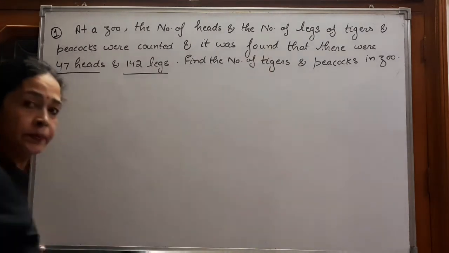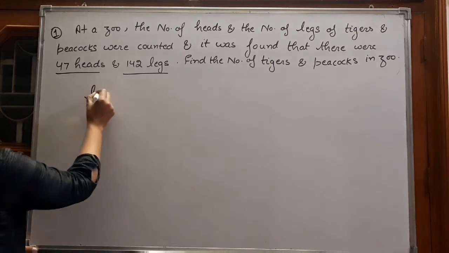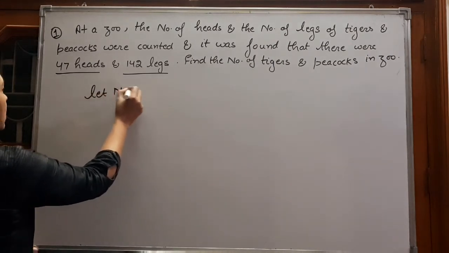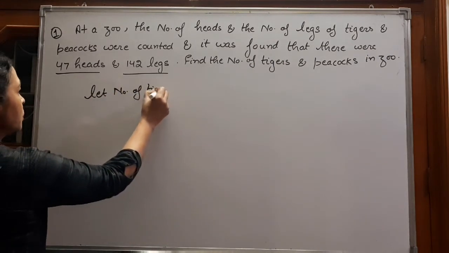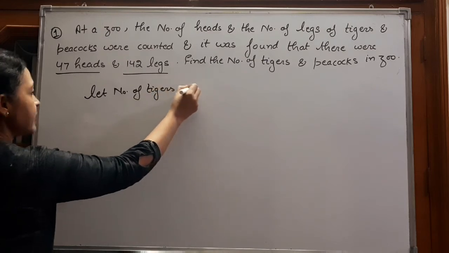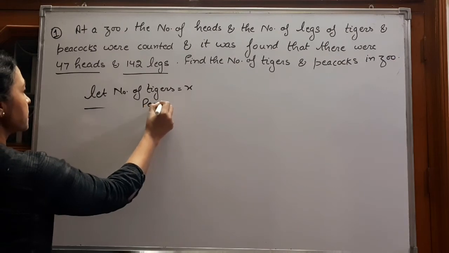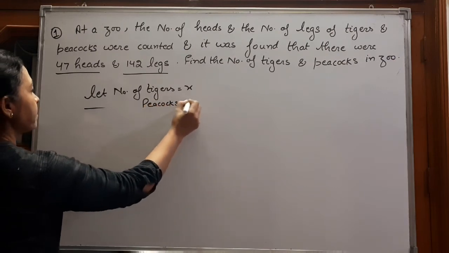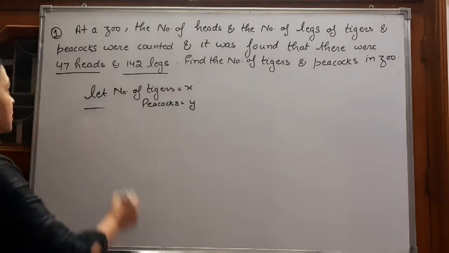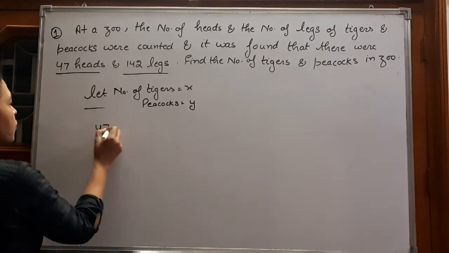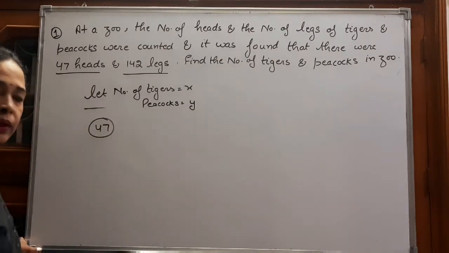Take x and y. The number of tigers in the zoo is x and number of peacocks is y. Now check. We have 47 heads in total.